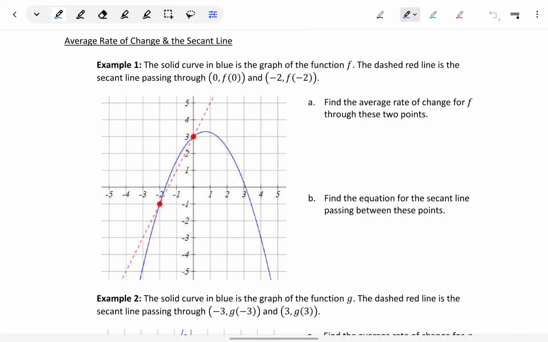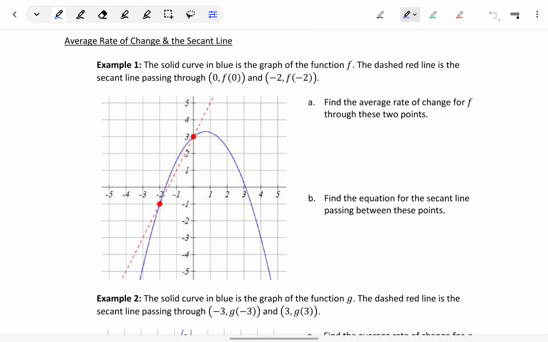We want to start off by looking at average rate of change and the secant line. In example 1, we're given a solid curve in blue, which is the graph of a function f, and then the dashed red line is what we refer to as the secant line, passing through (0, f(0)) and (-2, f(-2)).